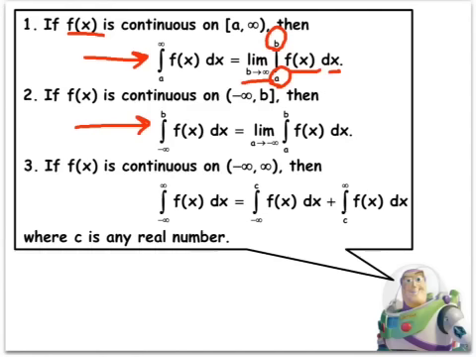We could also take the improper integral from negative infinity up to a finite b, and that just means to take the limit as a goes to negative infinity of the definite integral from a to b of f of x dx. Okay, so these are just kind of definitions here of improper integrals. And then the other thing that you're meant to keep in mind is you can actually have an improper integral where it's improper at both ends of the integration, at both limits of integration.